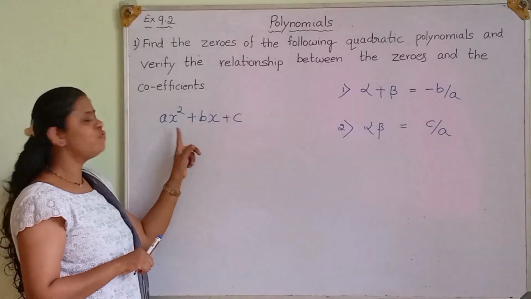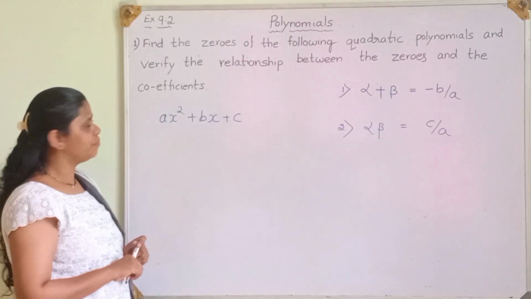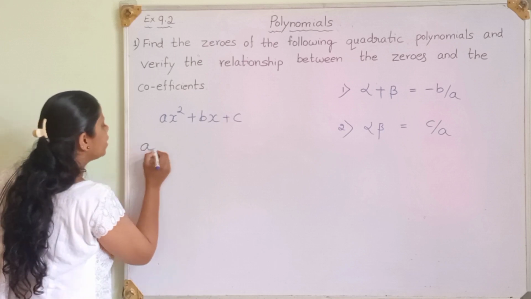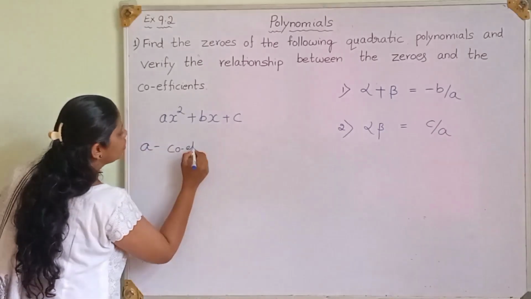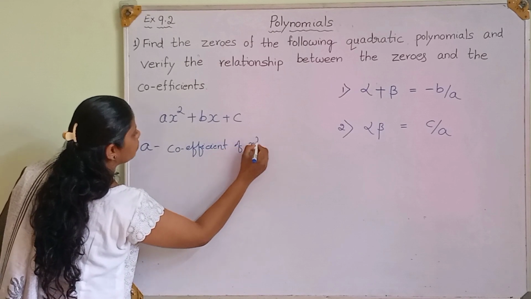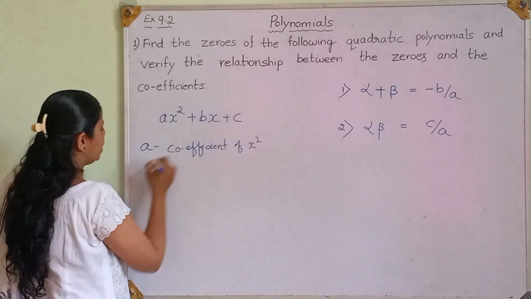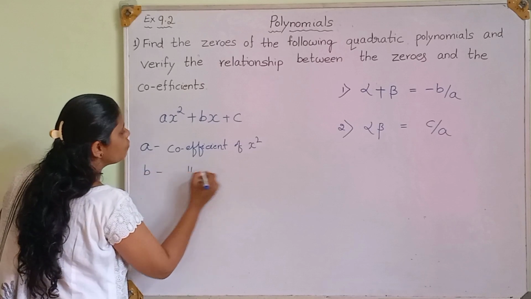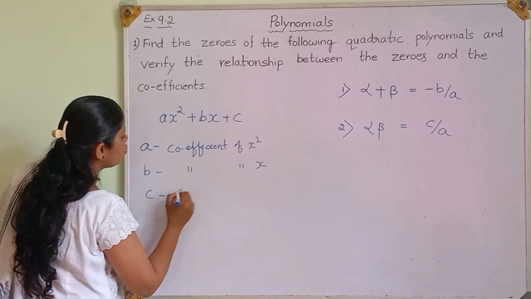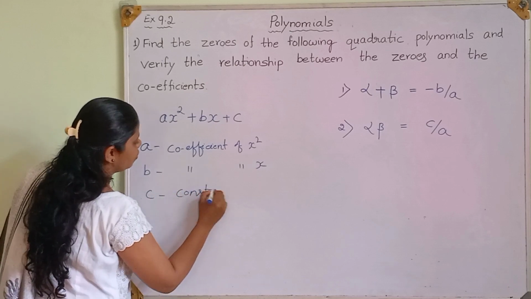Here a is the coefficient of x square, b is the coefficient of x, and c is the constant. We know this.